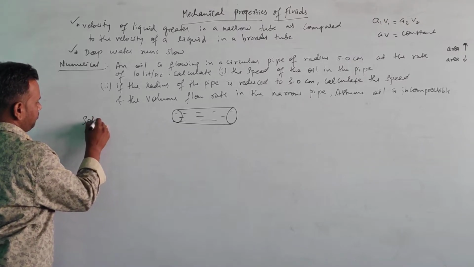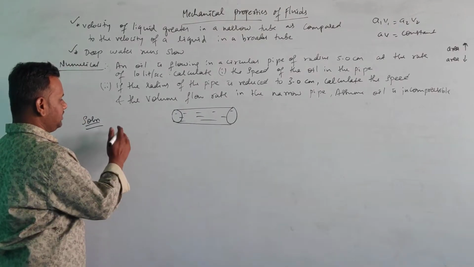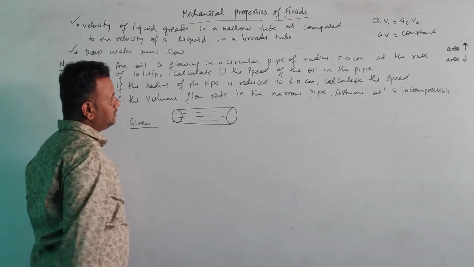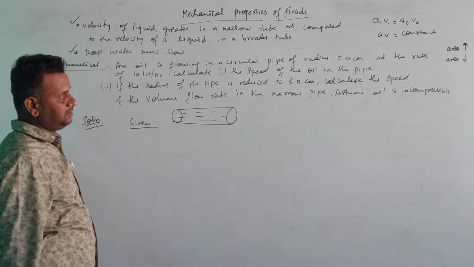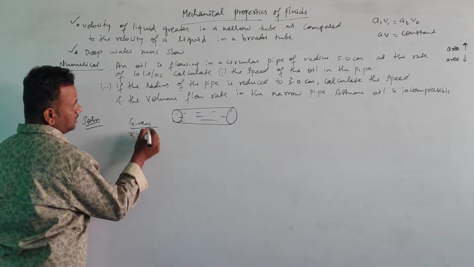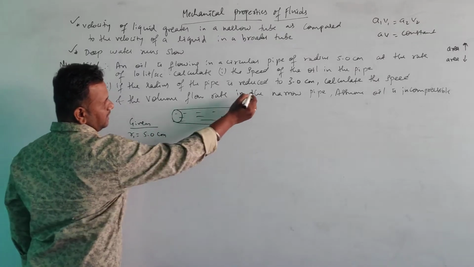Now let us solve that first question. Before that, first of all we will write the given data. Here he has given the first radius, let us take R1 equal to 5 centimeter, because here the radius is reducing.